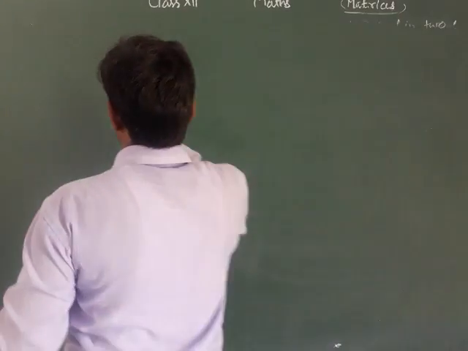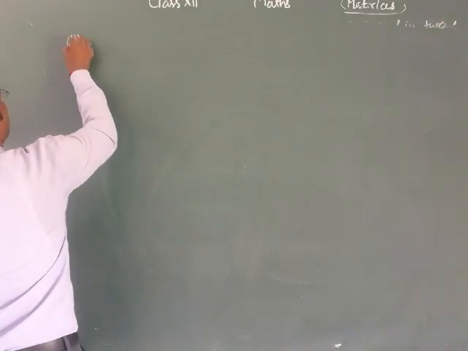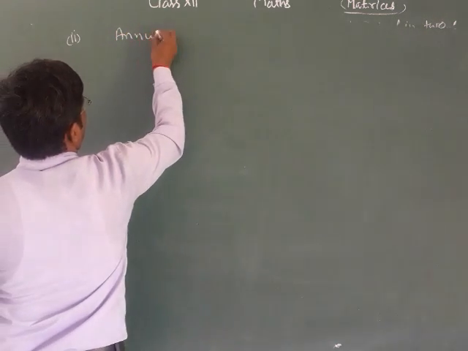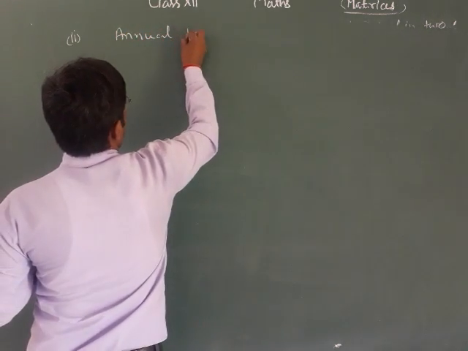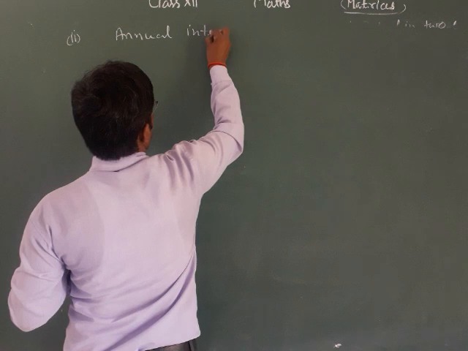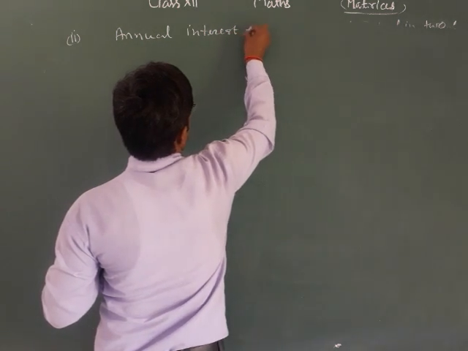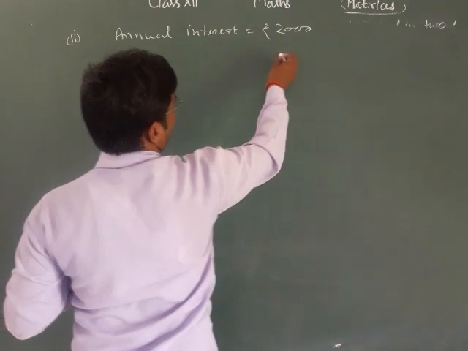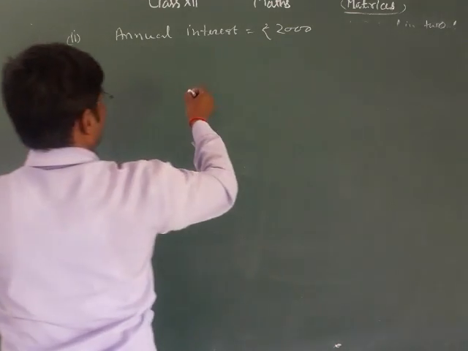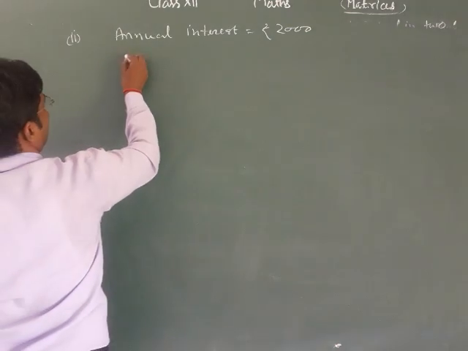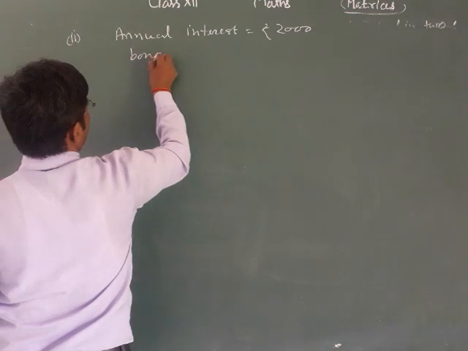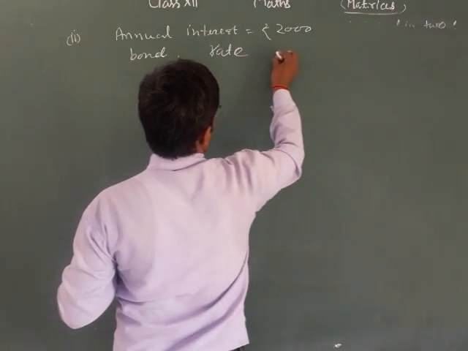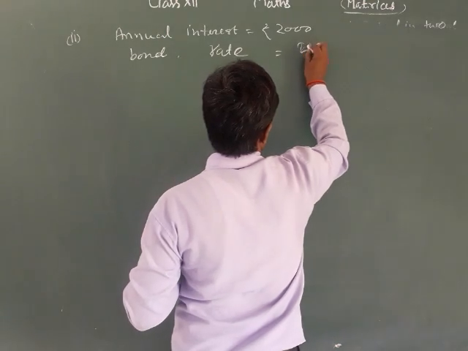And now the second part: the annual interest is equal to 2,000. So now bond and rate and interest.